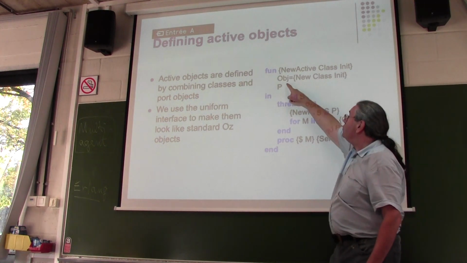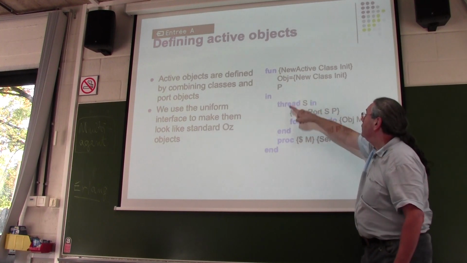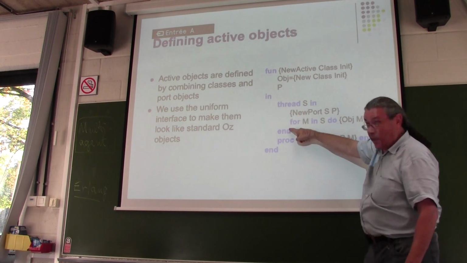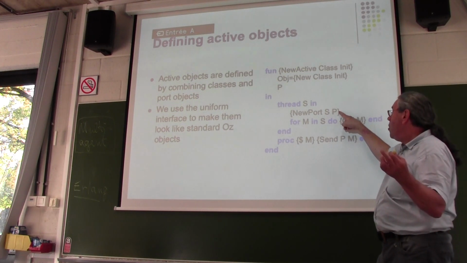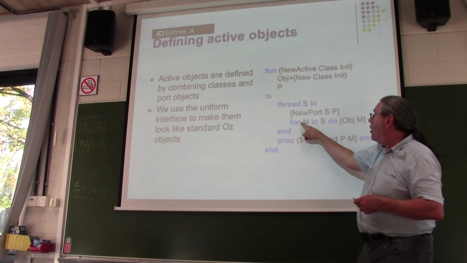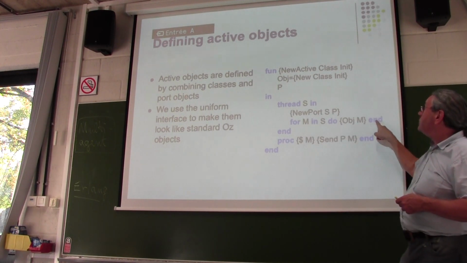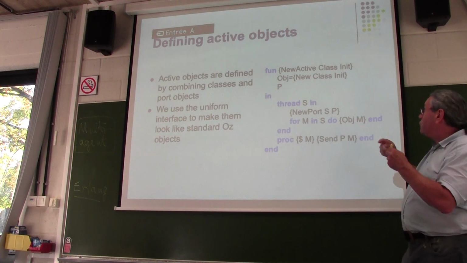And it creates a new object internally, new class init, and it has its own thread, again, just like before. It has a port, just like before, but instead of the fold, we are going to use a for loop, because the class has threads, okay? So you don't actually need to use a functional operation.